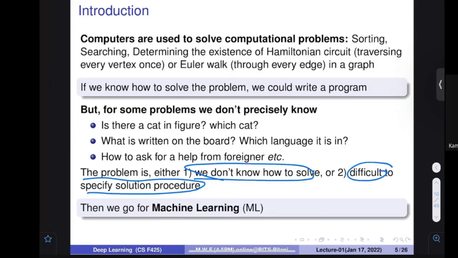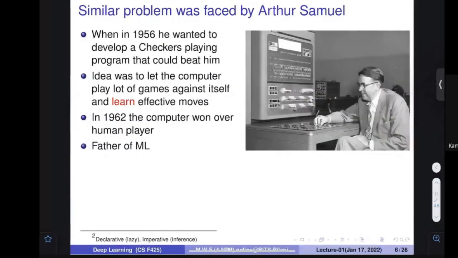If we are in these kinds of scenarios, then we go for machine learning to solve these kinds of problems. So historically, around 1956, there was a professor, Arthur Samuel, who wanted to design a checkers playing program that could beat him. The basic idea was actually very interesting. He was thinking, why should I write a program and give it to the computer?